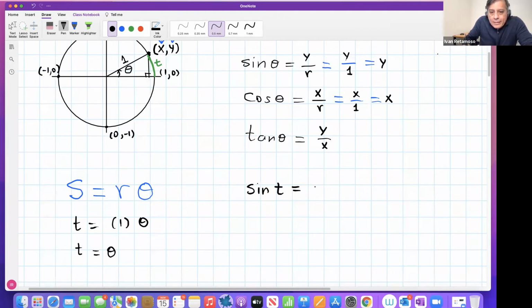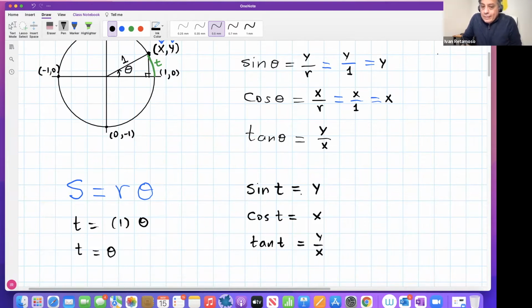Sine theta, y. Cosine of a real number T should be the same as cosine of theta, but cosine of theta in the unit circle we are saying is x. And tangent of the real number T should be computed as sine over cosine, y over x. There you go. I have the three trigonometric functions of a real number T.